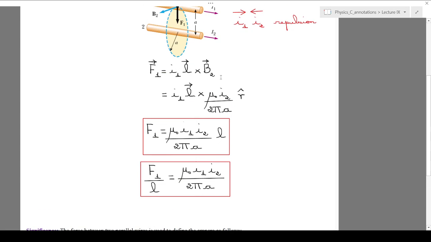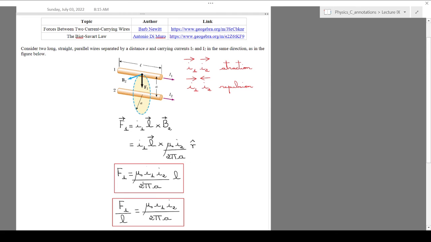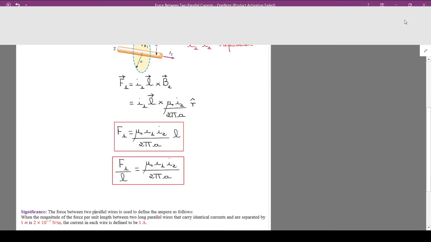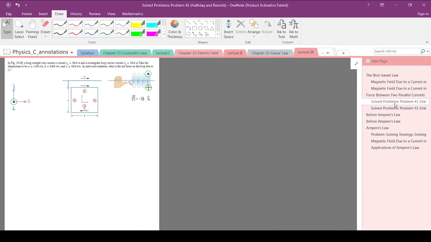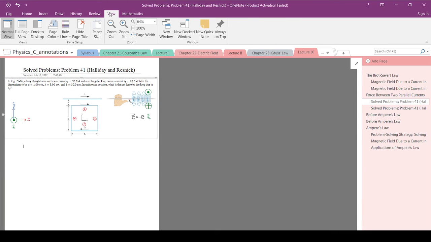So this is one major relevance behind this expression here. And this is also very common in problems. I solved one problem for you here, guys. If you have time, I'm coming back and I'm going to solve this problem for you. That is problem 41.